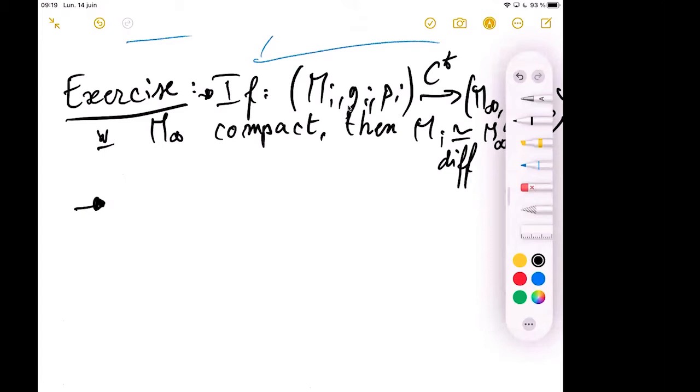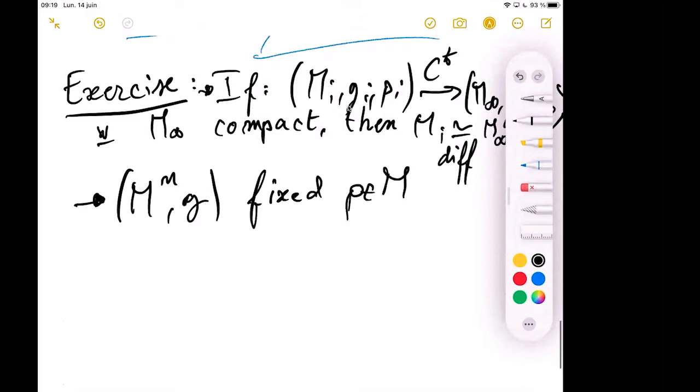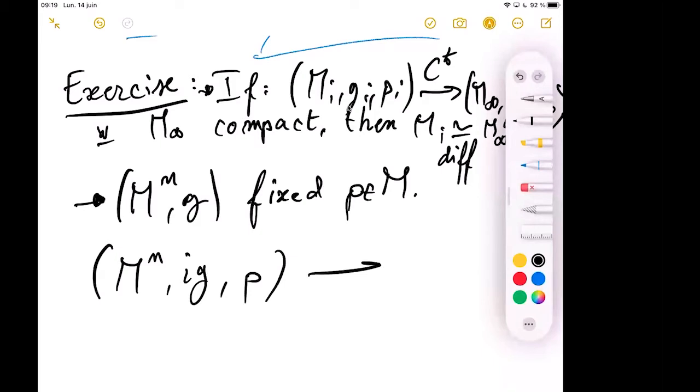Okay. Now let Mn, G be a fixed manifold. Let P be a point in M. I take Mn with the same point at each time, and I will just scale the metric by a big factor.